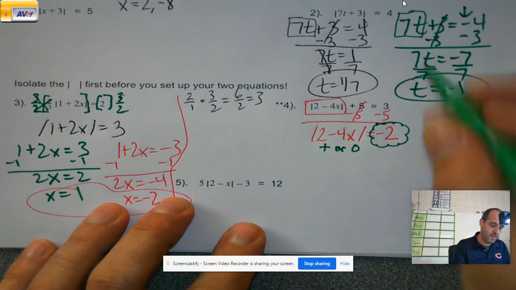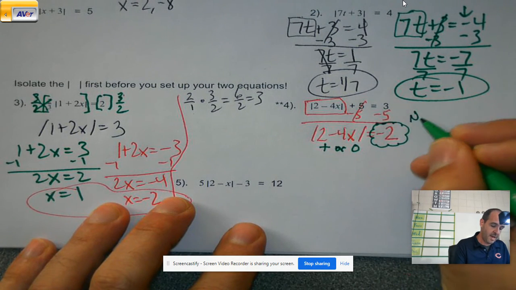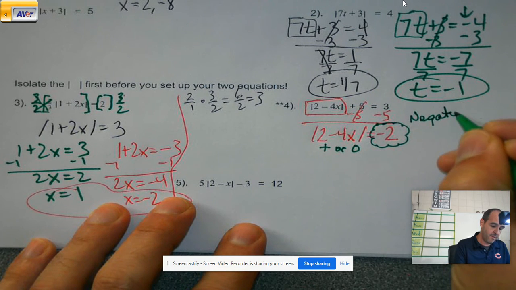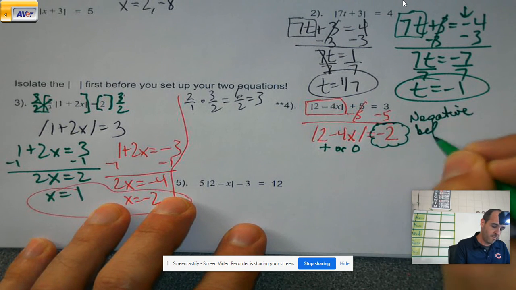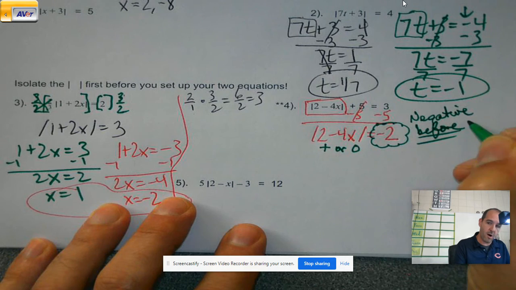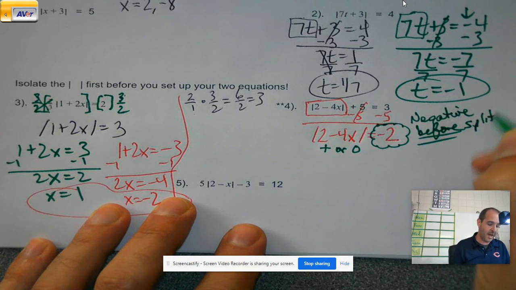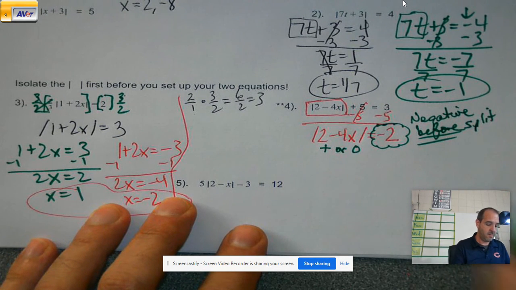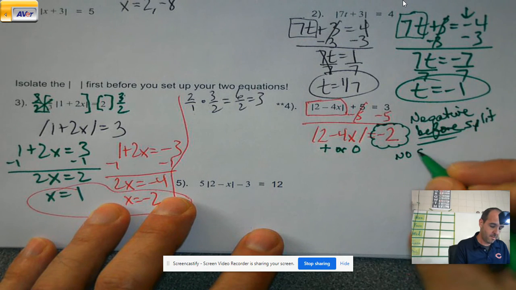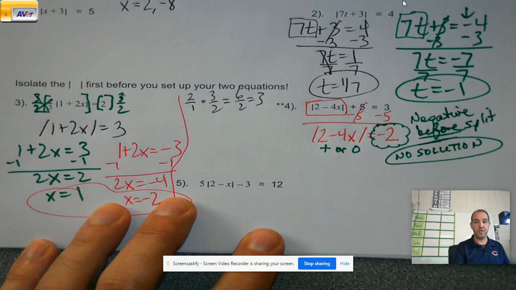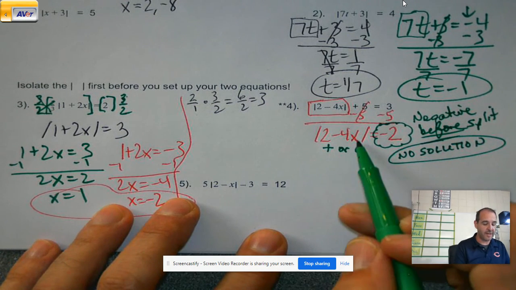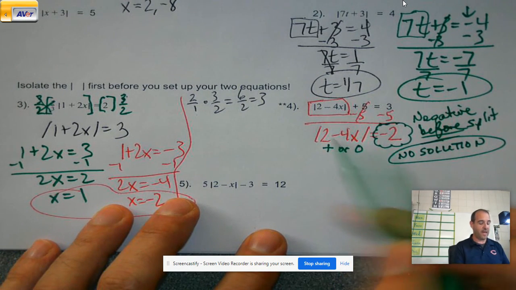If you get a negative before the split, the answer is no solution. You go on. There is not a number I can plug in for x that when I take the absolute value, I can get this.